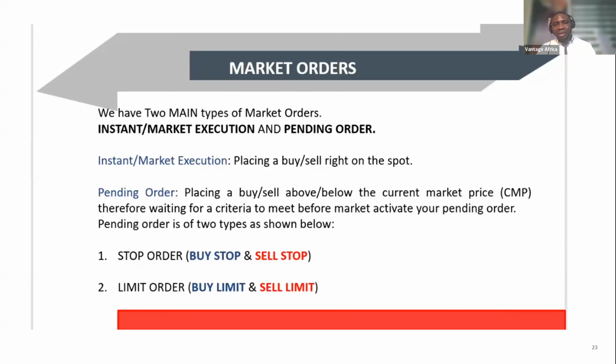Remember, we enter the market when we expect the price to rise for a buy, and we enter for a sell when we expect the price to drop, right? Now, for market execution, these conditions have already lined up. You're already at a point where you are expecting the market to rise, so you click on buy at that moment. For a sell trade, you're already expecting the price to drop, so you click on sell at that moment. That's what we call market execution.